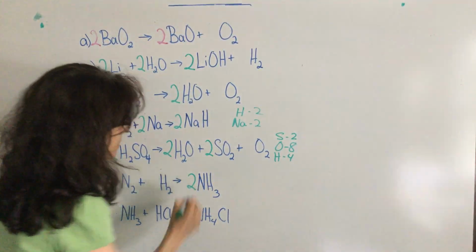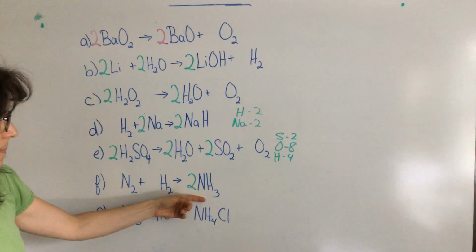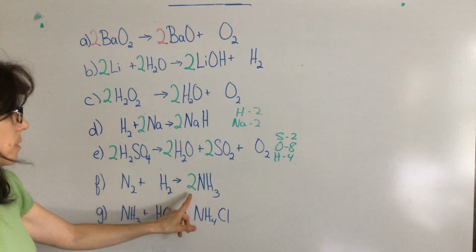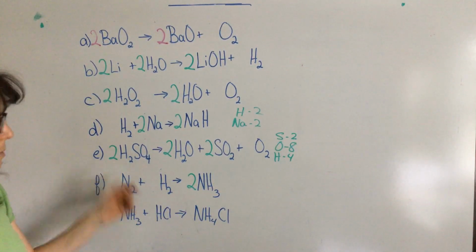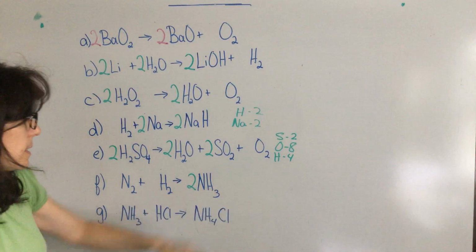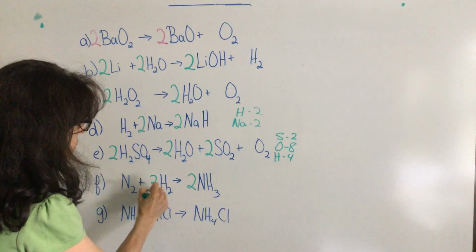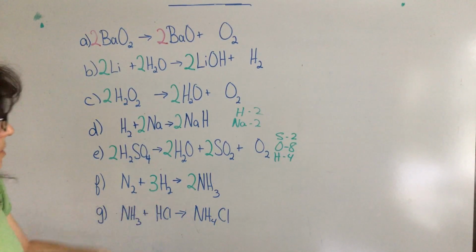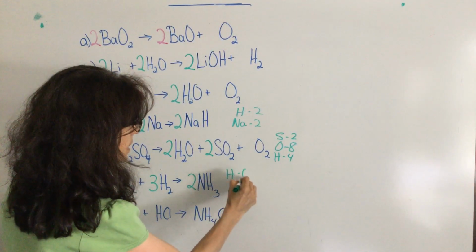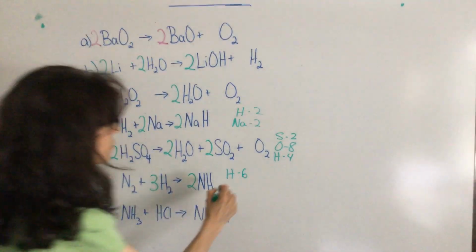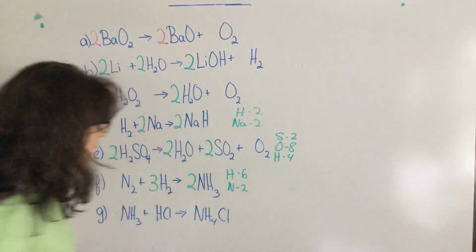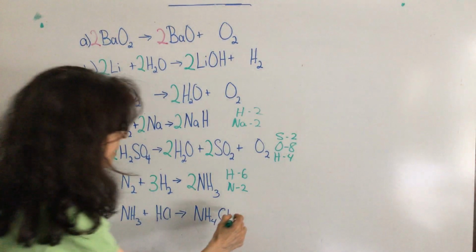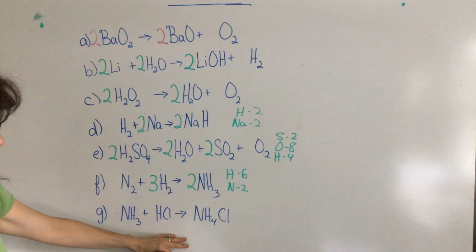So let's double what we have on this side, all right, and then let's just make everything on the reactant side equal. 2 nitrogen, well that's already equal, we're good there. 2 times 3 gives us 6 hydrogen, so let's put a 3 coefficient on the reactant side, so I have a 3 times 2. So now our hydrogen is 6 on both sides, and our nitrogen has 2 on both sides. Letter G is already balanced, so we don't need to do anything to that one.